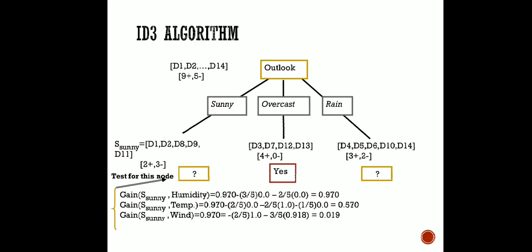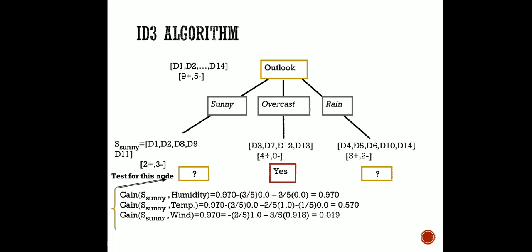See here what we are going to do. Here my root node will become sunny. If we have to choose among humidity, temperature and wind, then with respect to sunny we have to decide whose information gain is highest, using the same kind of approach.